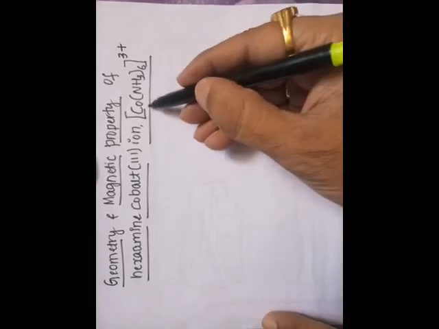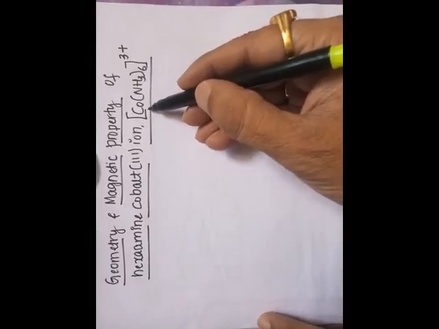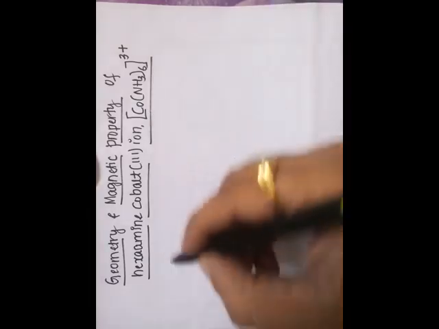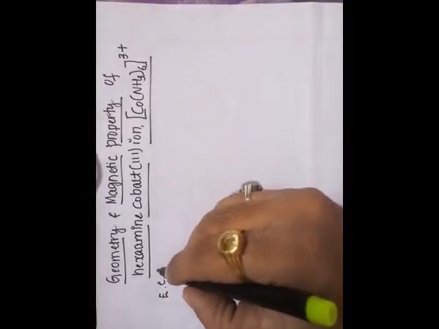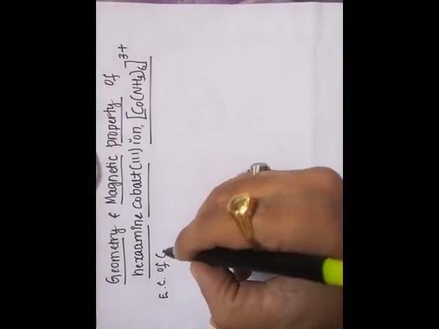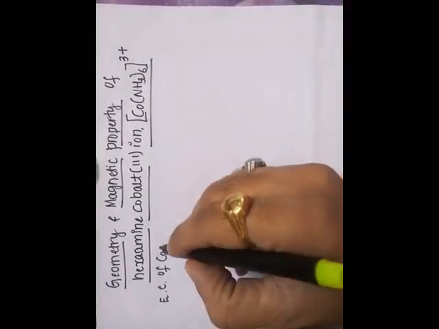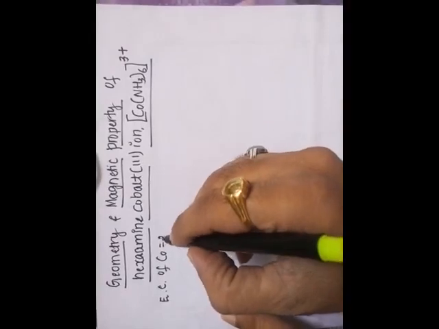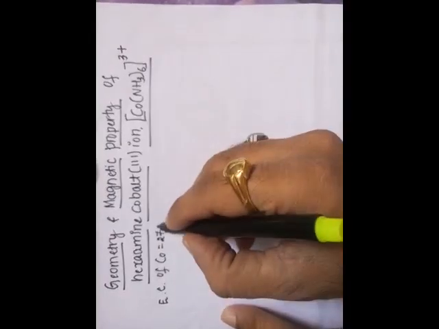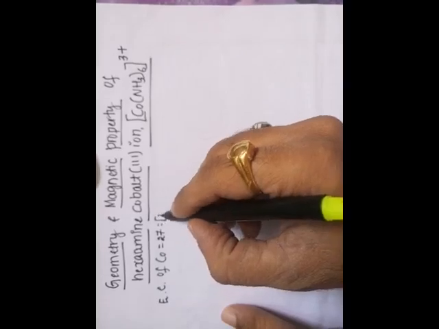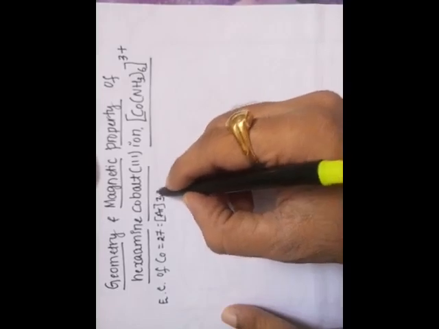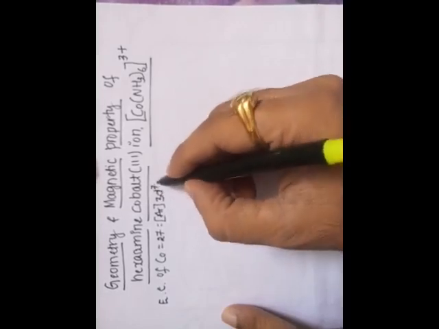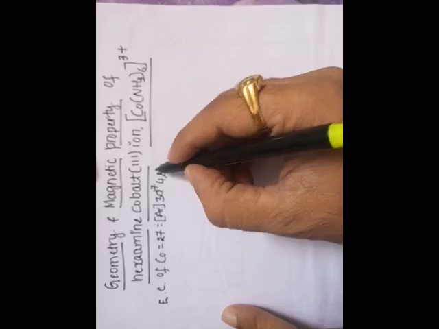As we know, the cobalt is the central metal ion. First, let us write the electronic configuration of the cobalt atom. The atomic number of cobalt is 27 and its outer electronic configuration is [Ar] 3d7 4s2.